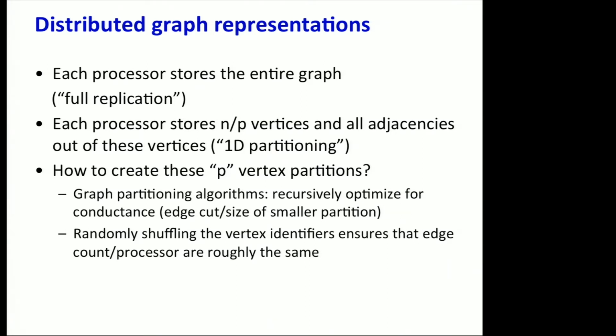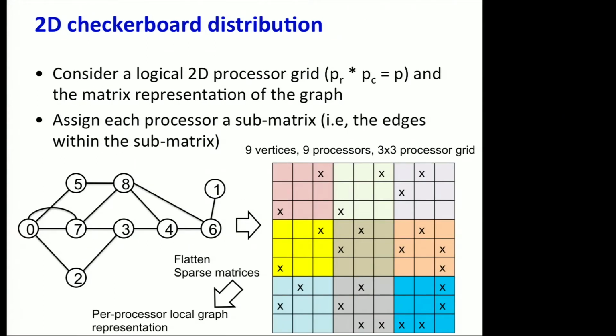The reason we call it 1D partitioning is that if you look at the adjacency matrix of the graph, it's essentially dividing the graph in a one-dimensional manner. Well, that's all good, but I will talk about the downsides of those in the performance section a little later. That has the advantage of being extremely intuitive, but creates lots of load imbalance and communication issues.